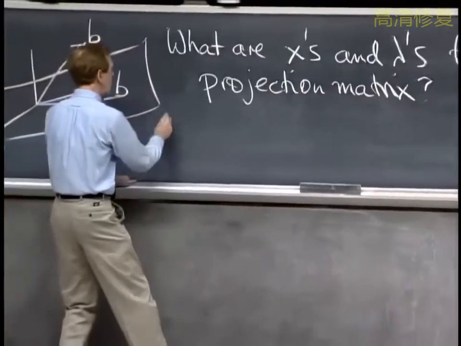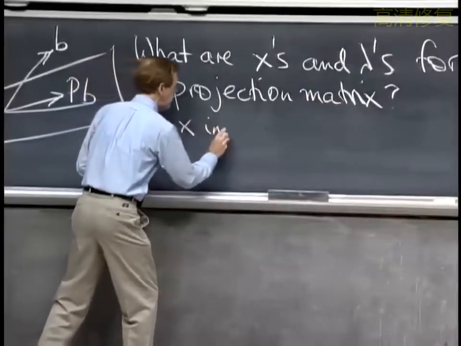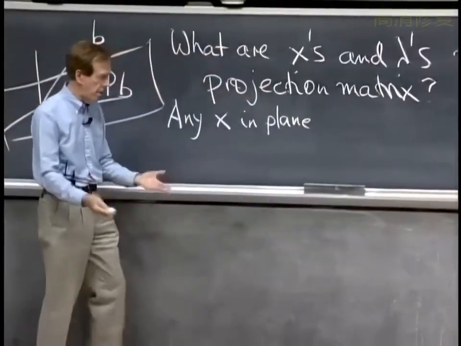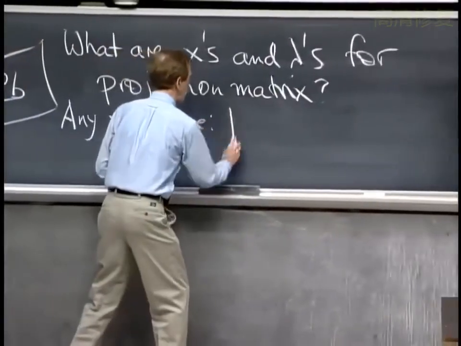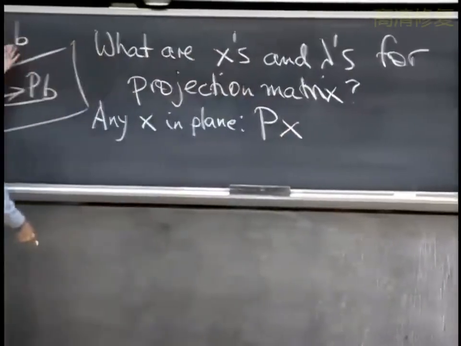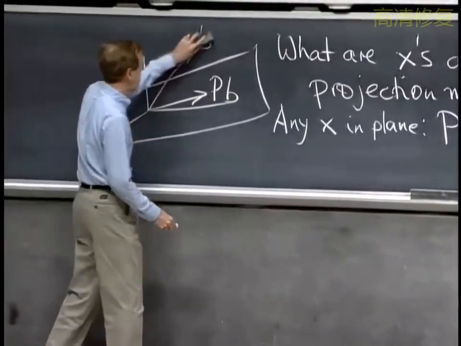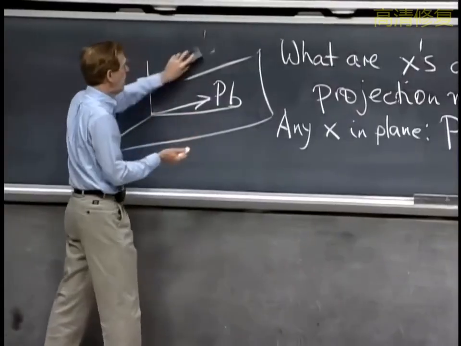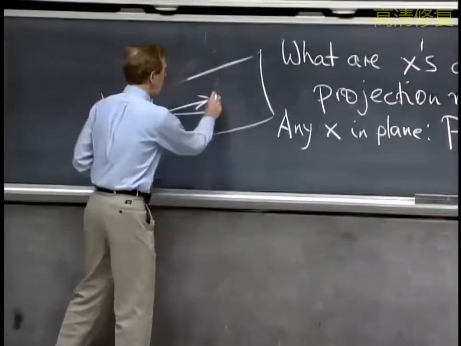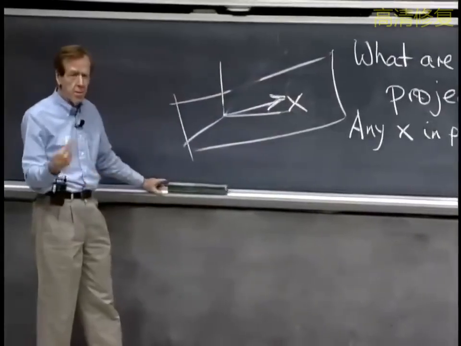Any vector x in the plane will be an eigenvector. And what will happen when I multiply by P, when I project a vector x? I called it b here because this is our familiar picture, but now I'm going to say that b was no good for our purposes. I'm interested in a vector x that's actually in the plane, and I project it, and what do I get back?